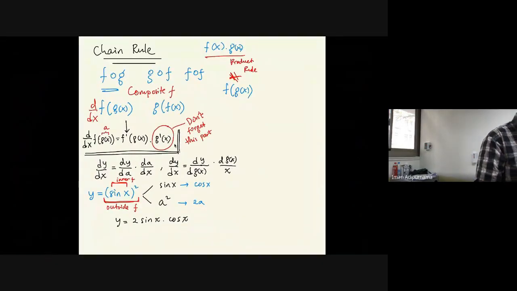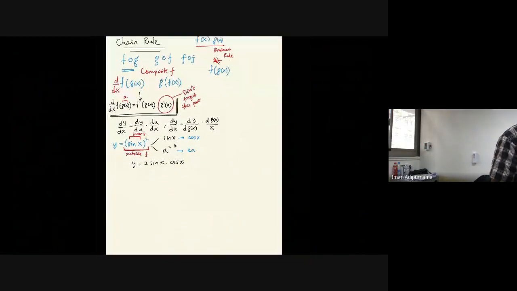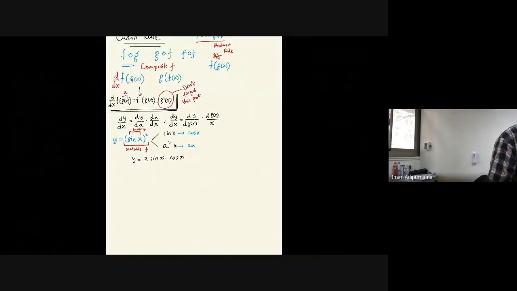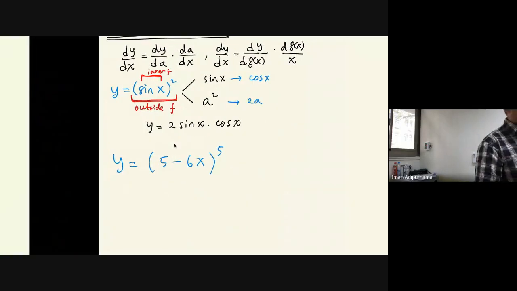Let me show you a little bit of practice. If you have y equals, let me go for a really understandable approach. This is also an easy equation. It's not too complicated. It has two functions: 5 minus 6x, and then this part to the power of 5 is the second function.